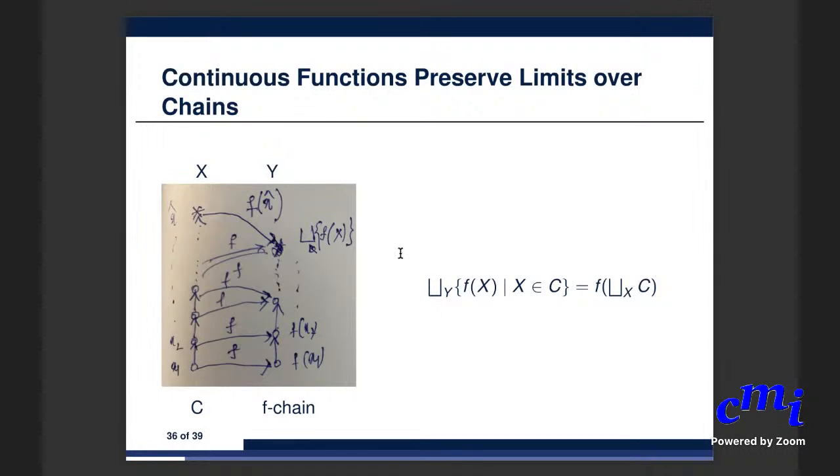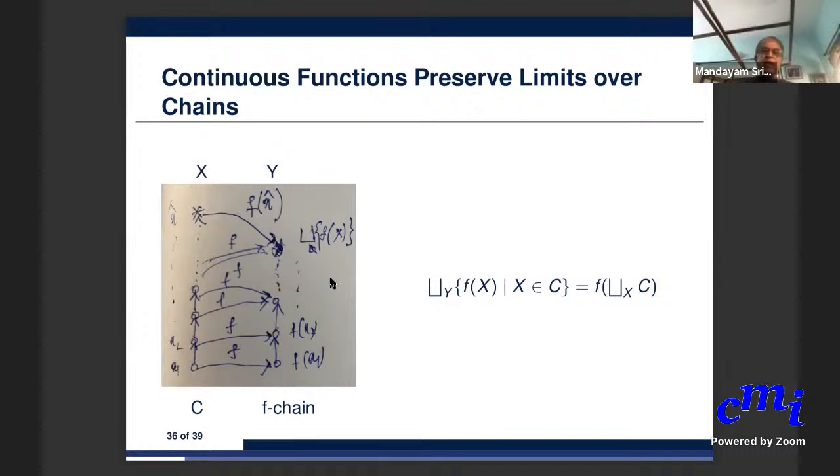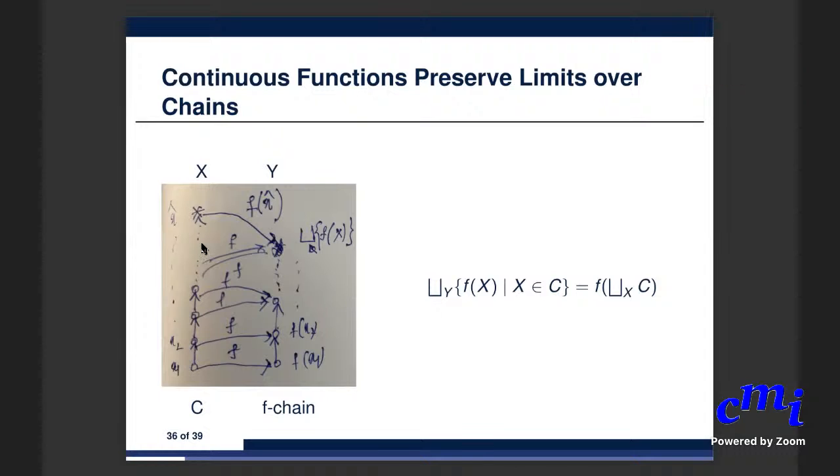Yes, that is true. But we will be using this specifically in our case where X and Y will be the same domain, in which case it will be ascending chains. So we want the image of an ascending chain to be an ascending chain in our case. Yes, in our case. Okay, thanks.